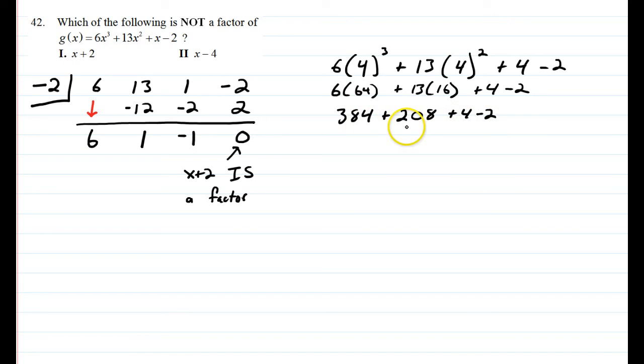So now we just work that out. 384 plus 208 plus 4 minus 2 gives us 594. So if it were a factor, that would mean that 4 would be a 0, and so we would want 0 here. So this one is not 0, so this is not a factor. So this one is not a factor.